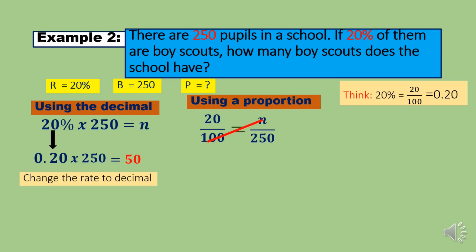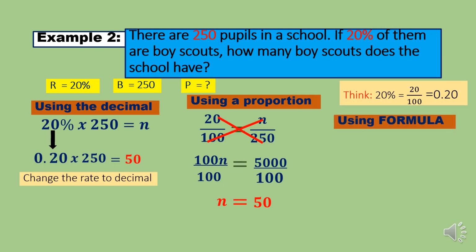I-multiply ang 100 times n, that is 100n, equals 20 times 250, that is 5,000. Then, i-divide natin pareho sa 100. 100n divided by 100 equals n. 5,000 divided by 100 equals 50. So, n is equal to 50.